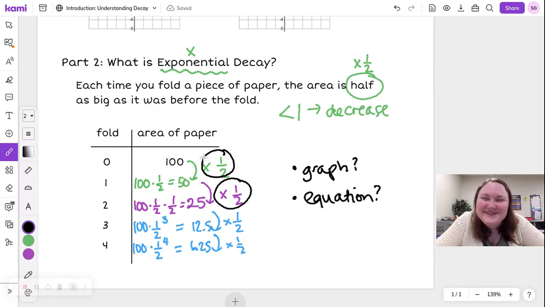And you may have noticed for the name of this lesson, we call this right here exponential decay, when the numbers are getting smaller using that multiplication pattern. So today and tomorrow are going to be all about exponential decay. What do these tables look like, these graphs look like, and these equations.